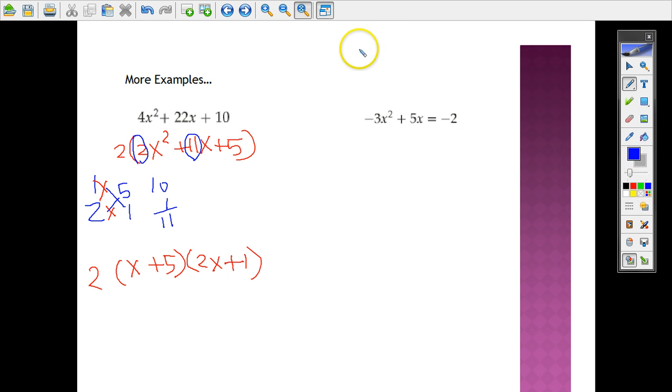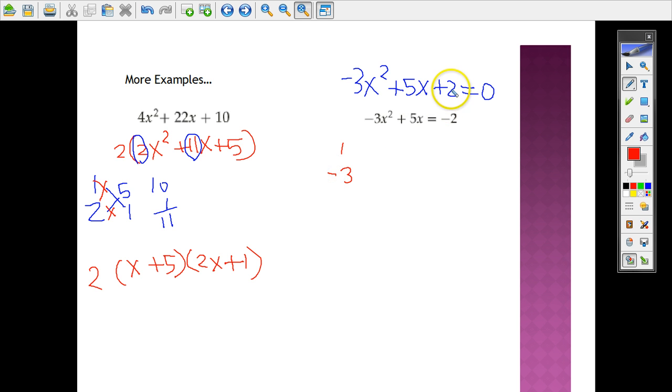Alright, example here, you notice it's not equal to 0. So I am going to make it equal to 0 by simply adding 2 to each side. Okay. Now I'm looking for numbers multiplied to make negative 3. So it's 1, 3. One of these can be negative.